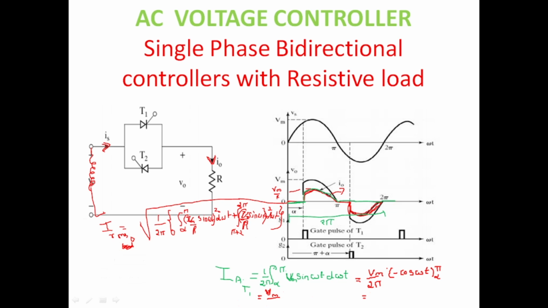Cos pi is minus 1, so minus of minus 1, then minus of minus plus cos alpha. So that's the reason this becomes Vm divided by 2 pi, 1 plus cos alpha.